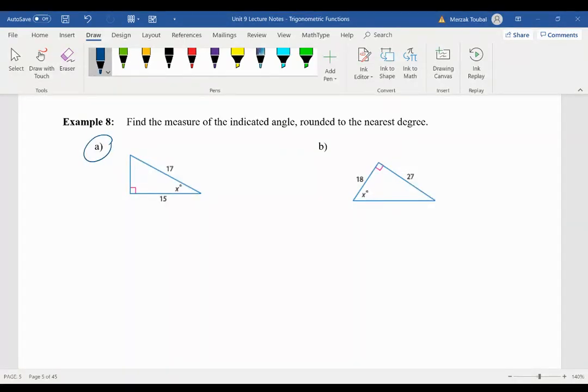We don't have much choice here, but let's use the cosine function. Cosine x is adjacent, which is 15, over hypotenuse, which is 17. And from here we say, okay, x is cosine inverse of 15 over 17.